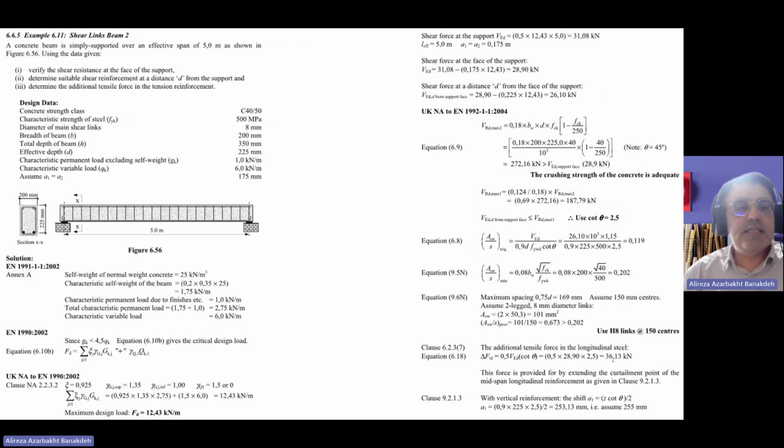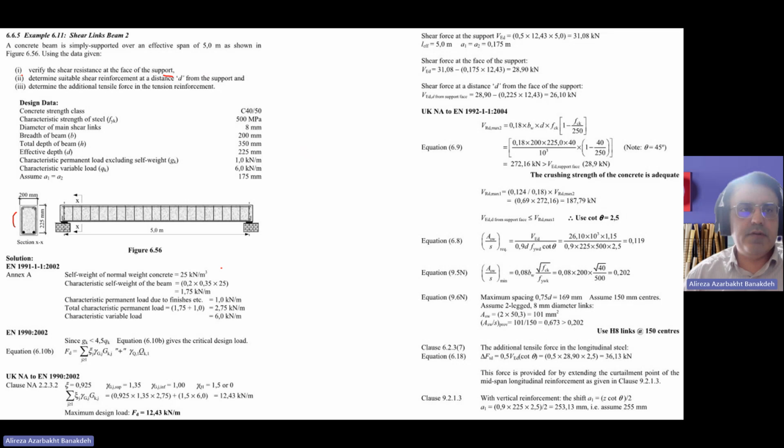And for the next example, a concrete beam again is simply supported over an effective span of 5 meter, as shown in this figure. So there are 3 steps to take into account, and it says to verify the shear resistance at the face of the support.